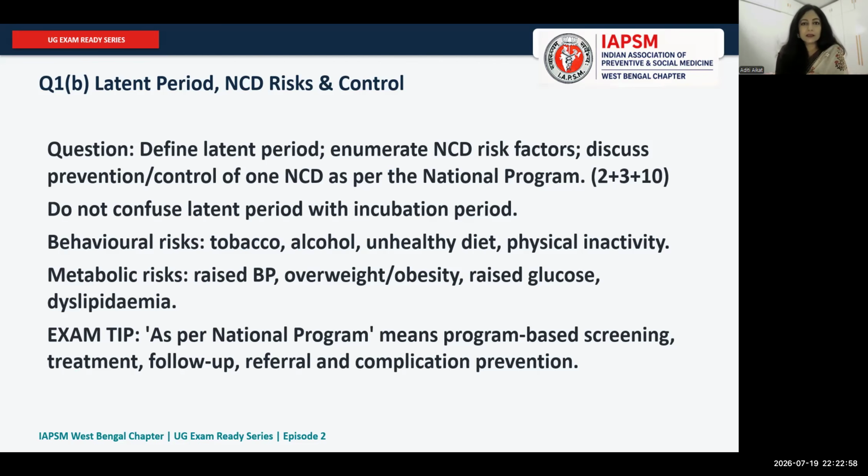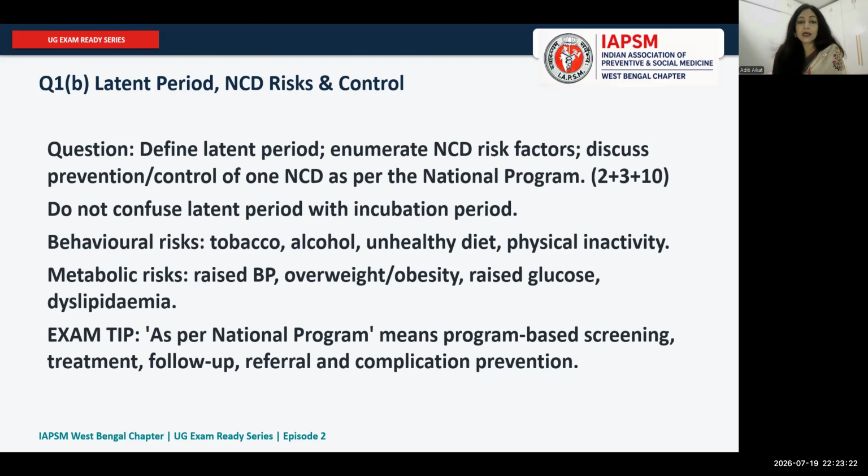That's putting it very simply for you. Again, in the NCD risk factors, try to put it down in a structured manner in modifiable risk factors and non-modifiable risk factors, and accordingly list them.